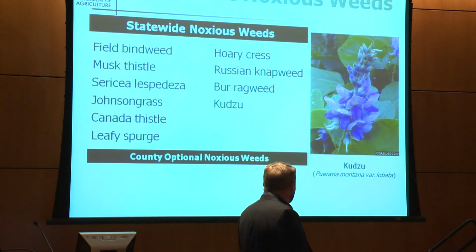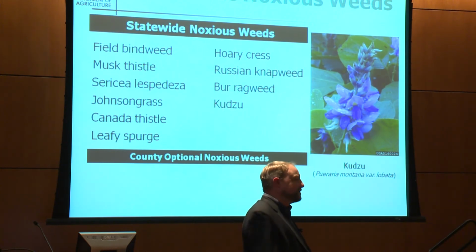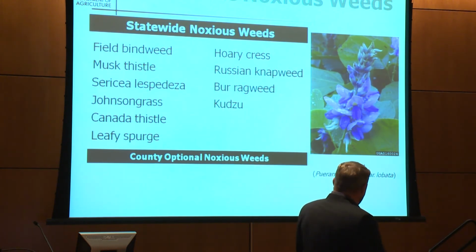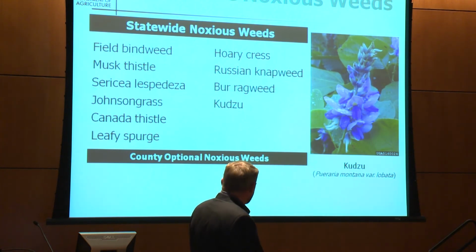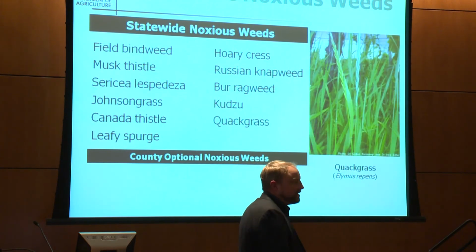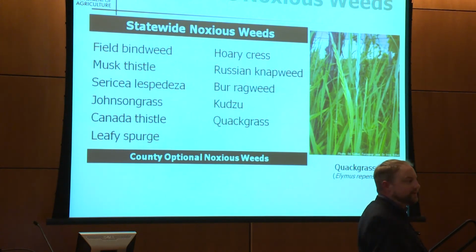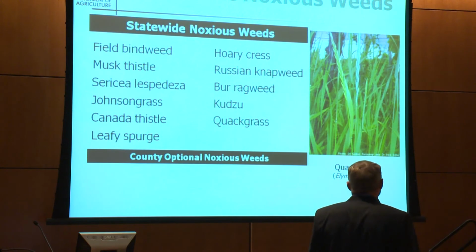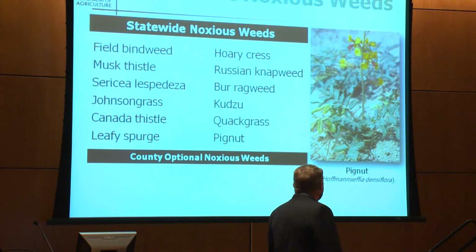It can cover things more densely than the English ivy I showed you, and grow quicker than the common reed or giant reed. Quackgrass. If you've ever talked with a farmer, I'm sure you've heard of quackgrass in negative terms, and pignut, another native.